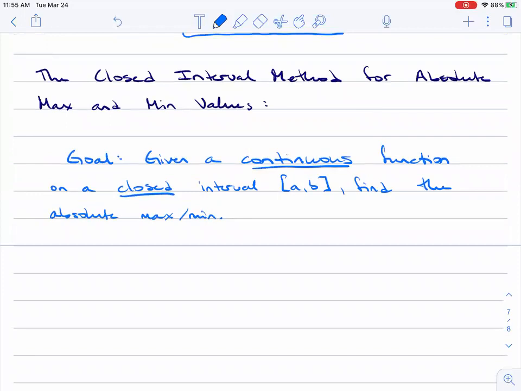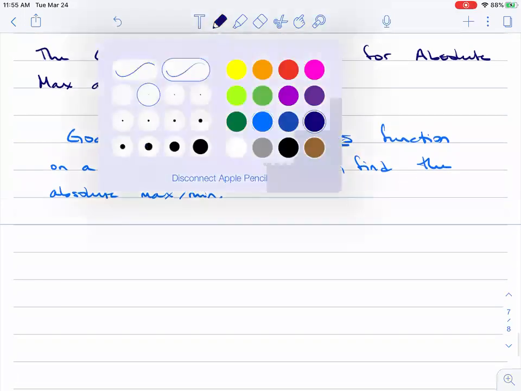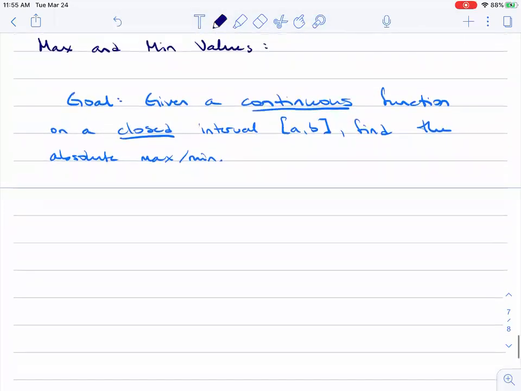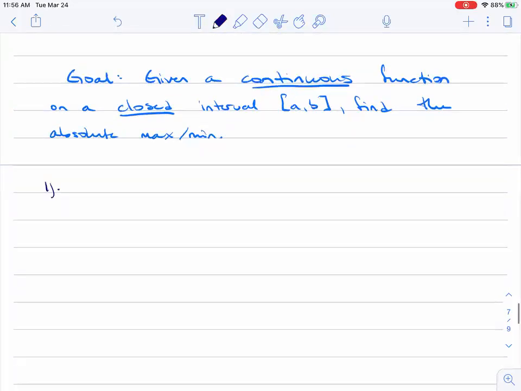So the closed interval method is how we're going to find absolute maxes and mins on a closed interval. There's a couple of steps that we need to follow. The first one is that you have to find the critical numbers.